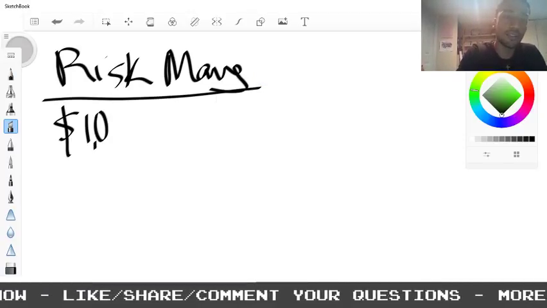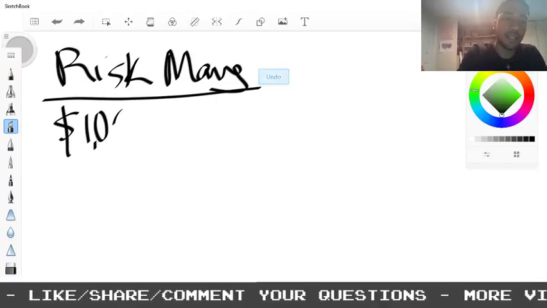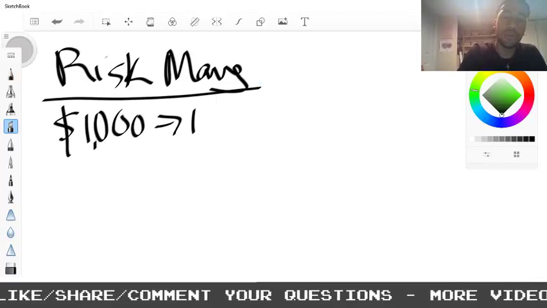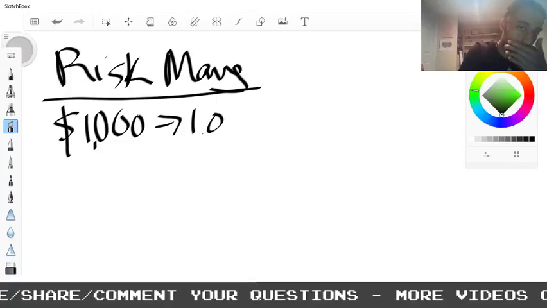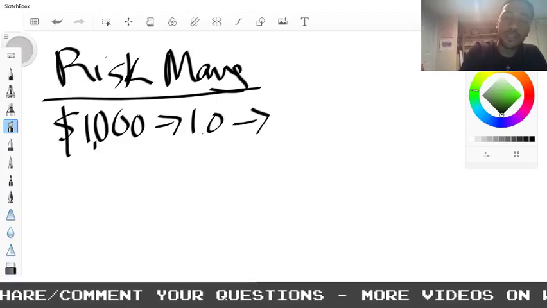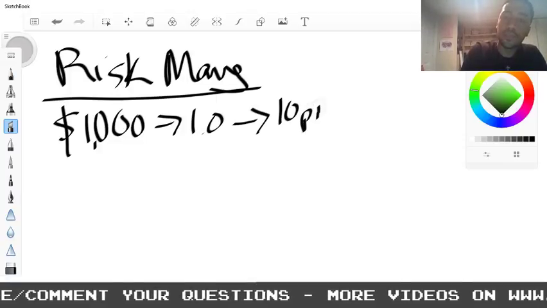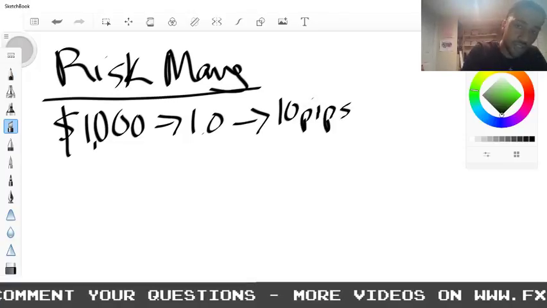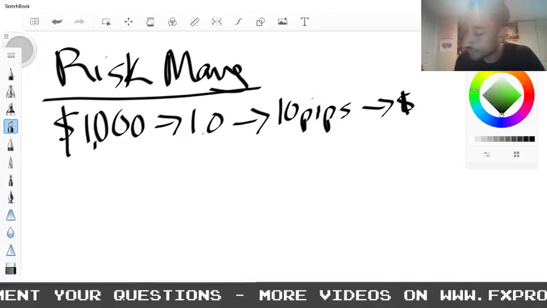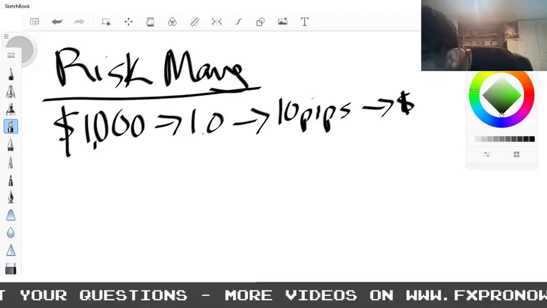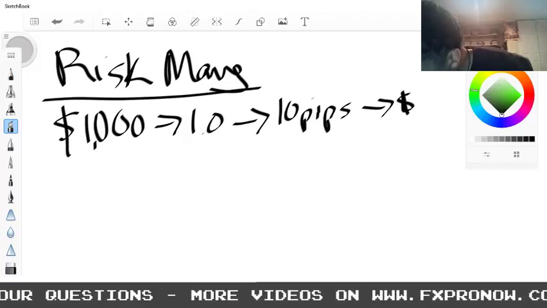Really, for every $1,000 you have in your account, the highest lot size that I would do would be a 1.0 lot. Okay, why? Because when that moves 10 pips, how much money is that moving?